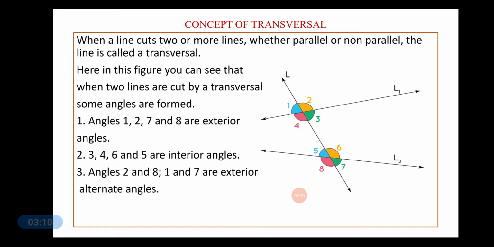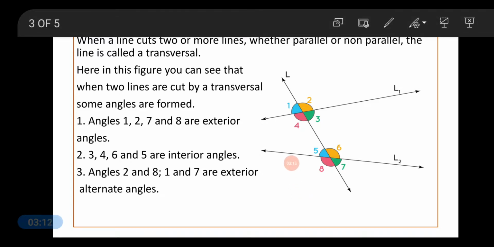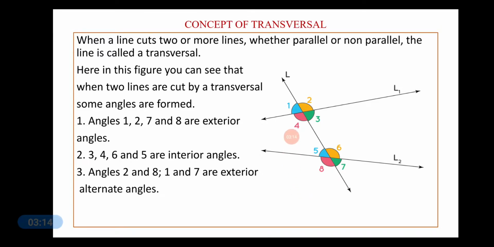Now look at the figure very carefully. You will understand that there are some angles which are formed on the uppermost part of this line L1 and on the bottom part of line L2. That is angle 1, angle 2, angle 7 and angle 8. They are forming outside the figure. So we will call them exterior angles.